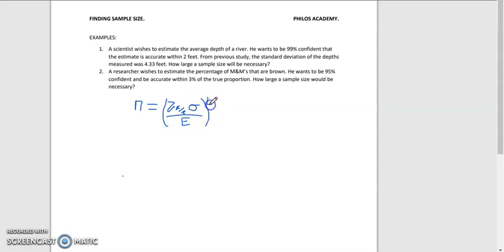Or there is another one we use: N is equal to T alpha over 2, comma N, multiplying standard deviation divided by E, all squared.